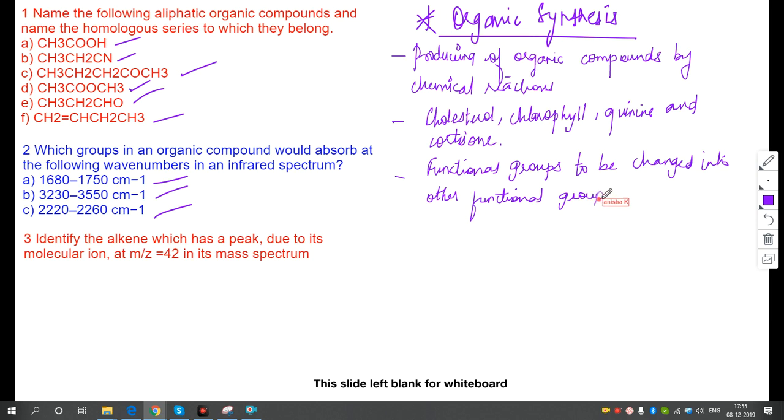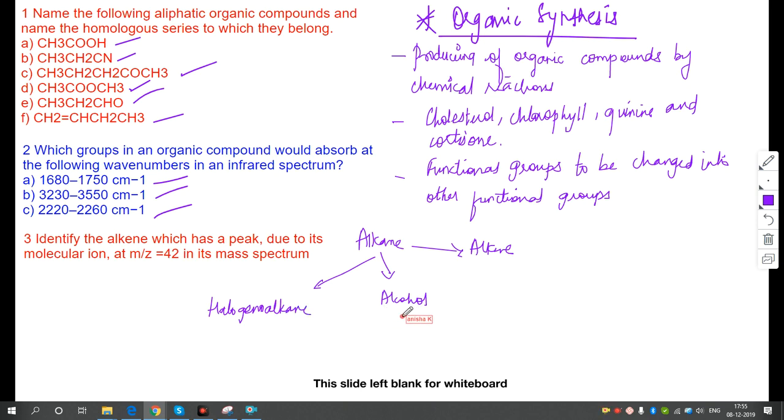What organic synthesis does is it requires one kind of functional group to be changed into another functional group. Suppose I have an alkene, let's start with a simple one. An alkene can be converted into an alcohol, and into a halogenoalkane.